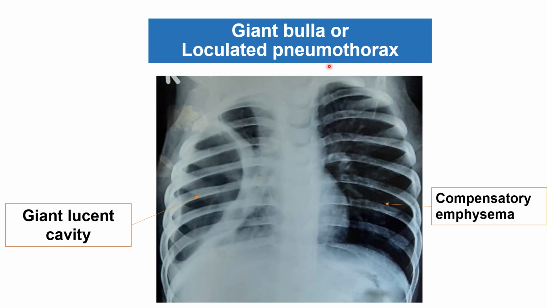So clinically also we have to assess the patient, and for confirmation we have to go for CT thorax or lateral chest X-ray to differentiate whether it is a bulla, a loculated pneumothorax, or a pneumatocele also. So to differentiate these things, we have to go for lateral X-ray and CT thorax.